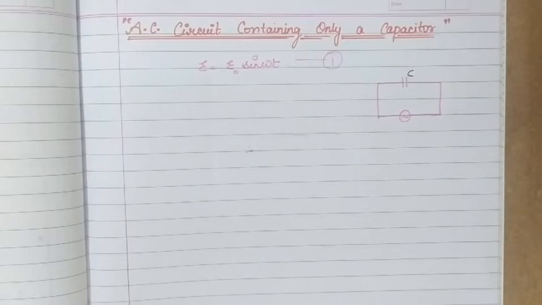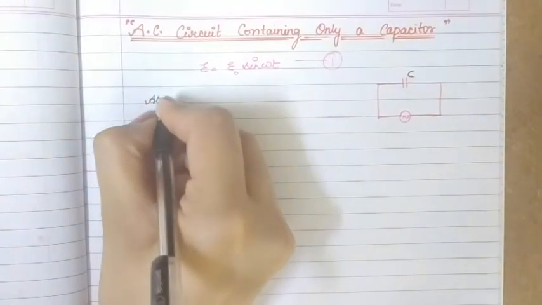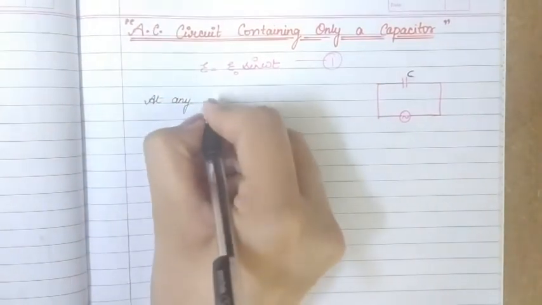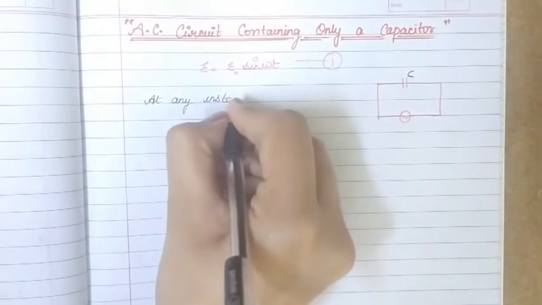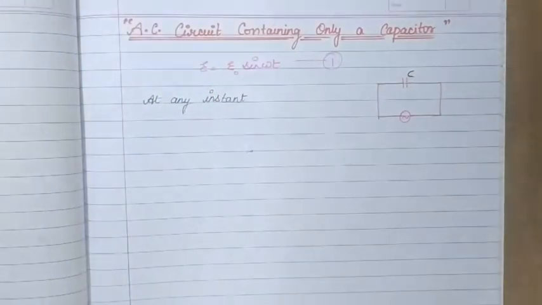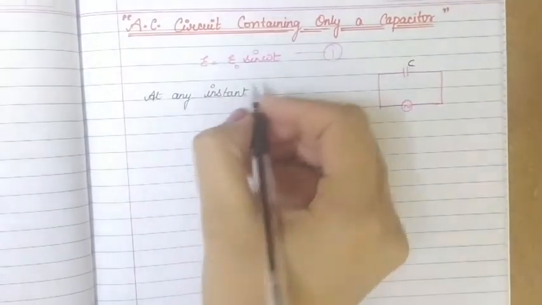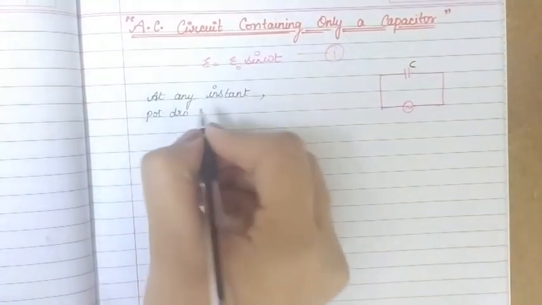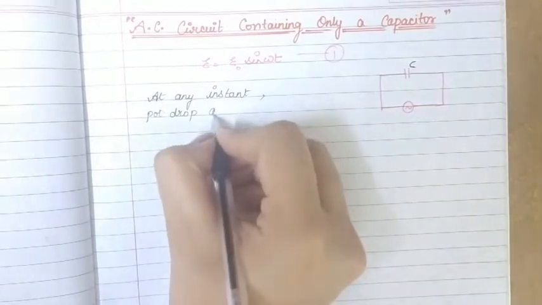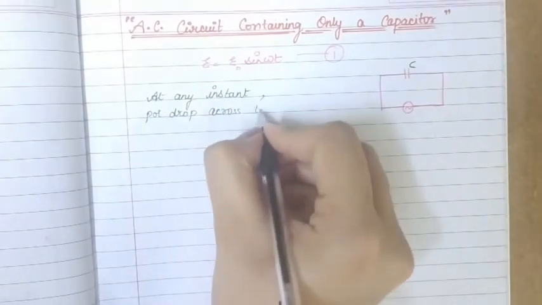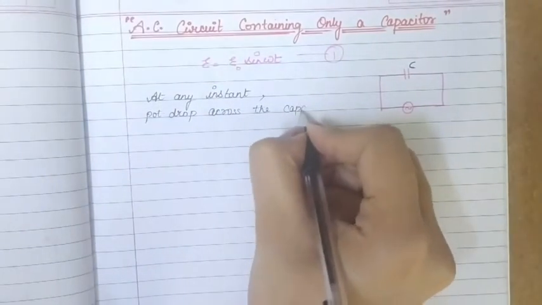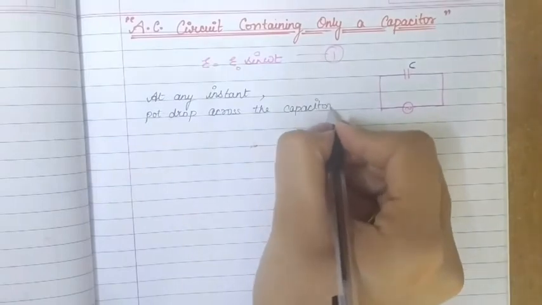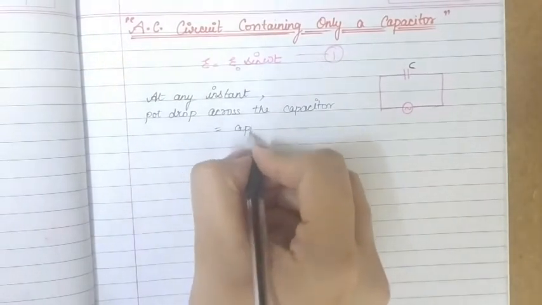Okay, so due to this continuous charging and discharging, at any particular instant, the potential drop across the capacitor is equal to the applied EMF.